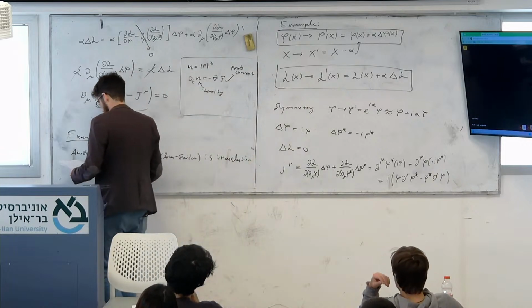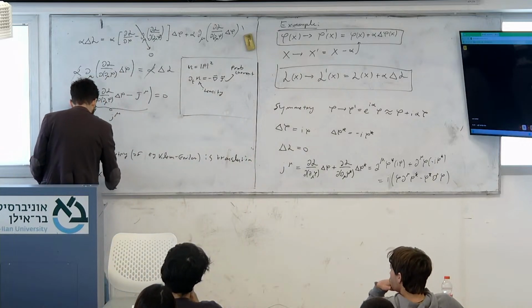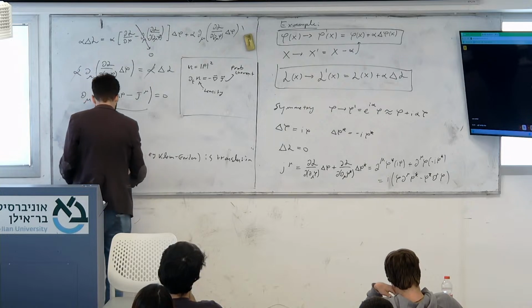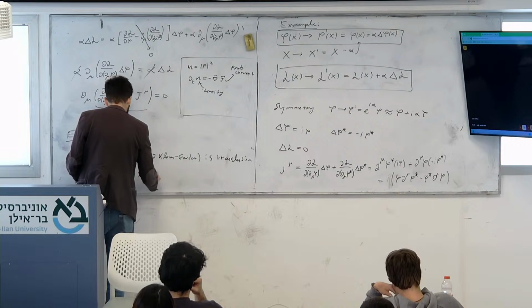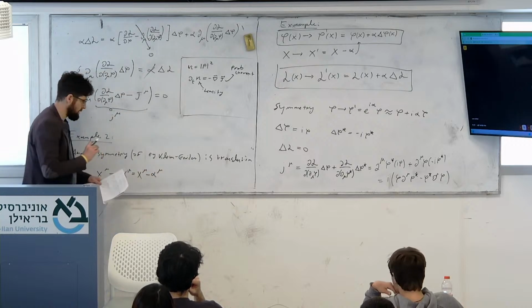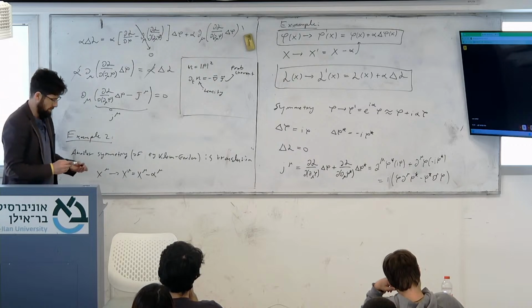So we want to write something like x mu goes to x mu prime, which is equal to x mu minus alpha mu. So alpha mu is like a tiny vector.